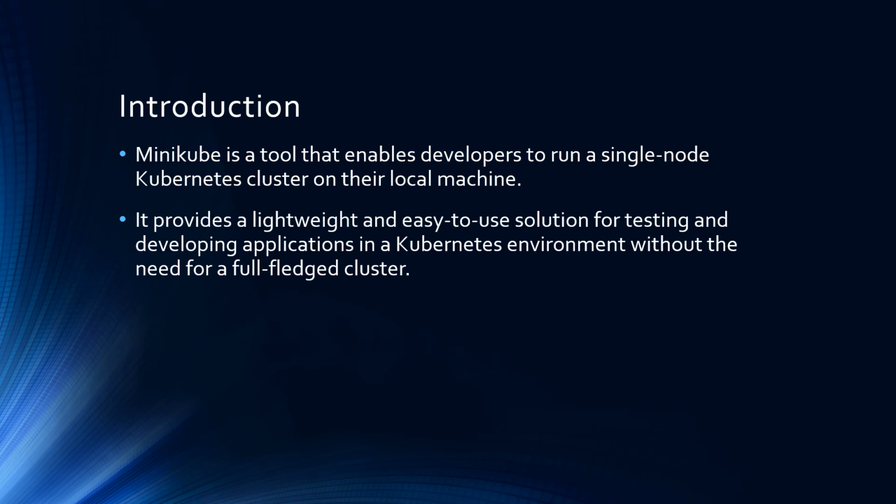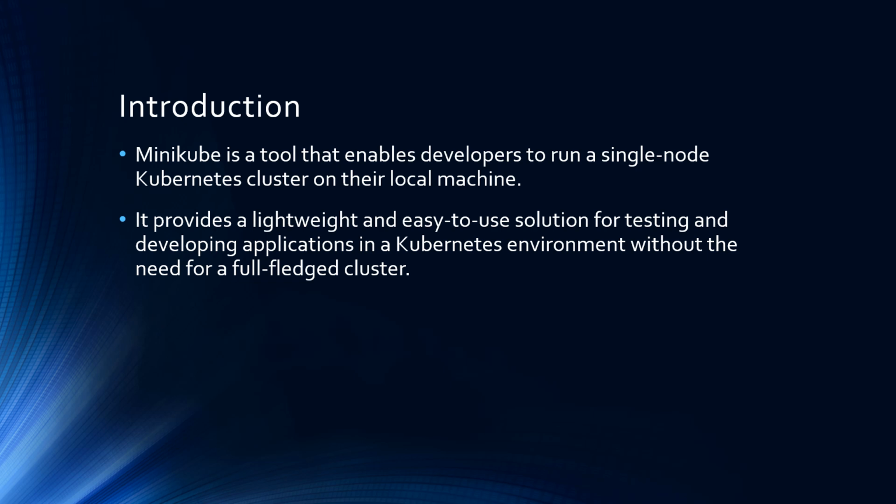A particularly effective use case is for a DevOps team that uses Minikube to validate Kubernetes manifests before production deployment, test application behavior in a Kubernetes environment, develop and test operators and custom controllers, train new team members in Kubernetes concepts.